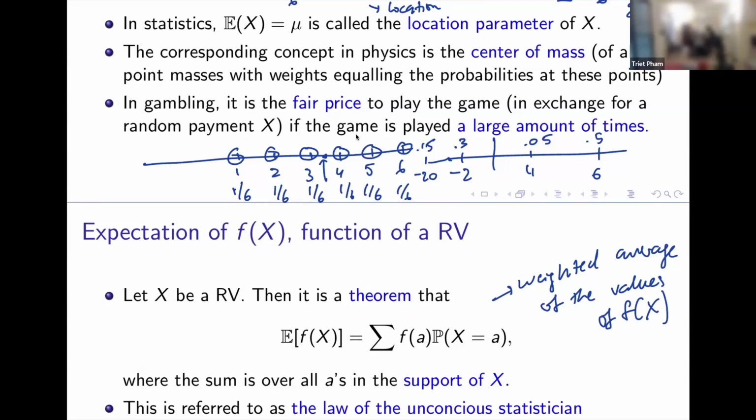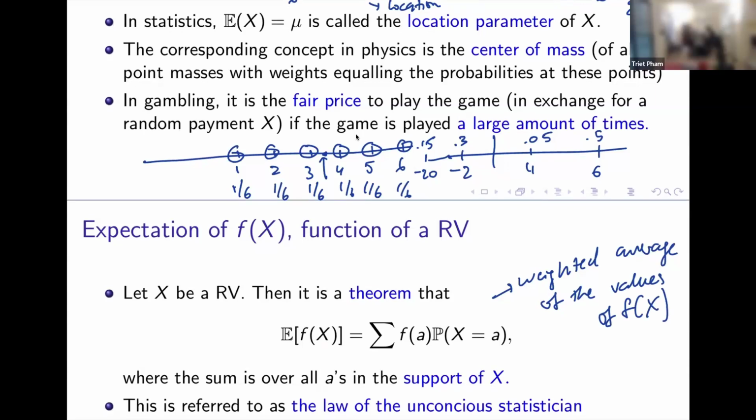And to top it off, and this is not something I make up, in some circles or in some textbooks, you can look it up, it's called the law of the unconscious statistician. Again, it has that sort of teasing, making fun of statisticians, but somehow that name sticks.